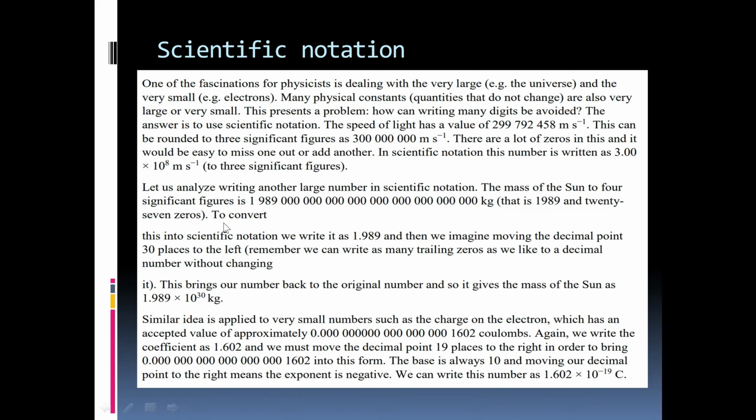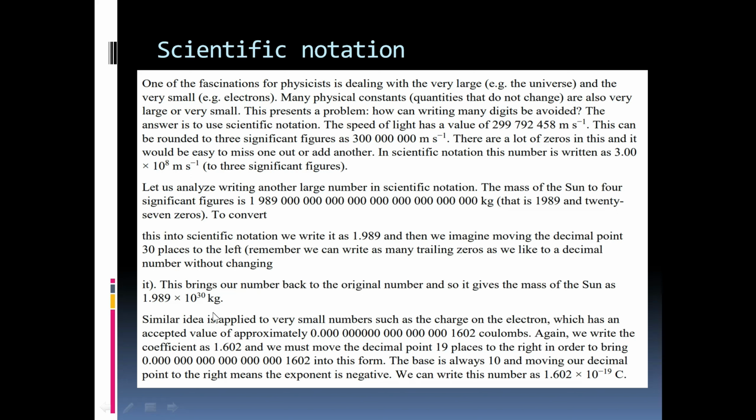Therefore we convert this into scientific notation, and we write it as 1.989, and then we imagine moving the decimal point 30 places to the left. Just look at the decimal point, I am taking it to the left side after 1. This means these figures give us 30 places, so I am using 10 raised to the power 30 kg.